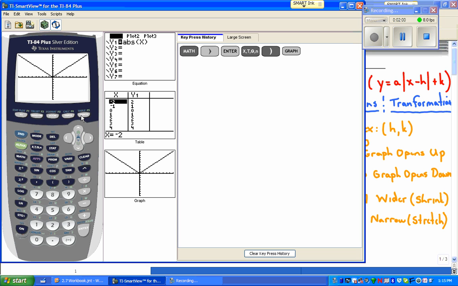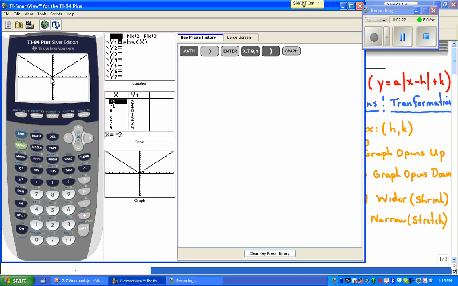And this right here is what the absolute value parent function, y is equal to the absolute value of x, looks like. Now you'll notice the table here. I have -2, my output value is 2. -1, output value is 1. And that makes sense, guys, because if you took -2 and put it into the absolute value, you get a positive that comes out.